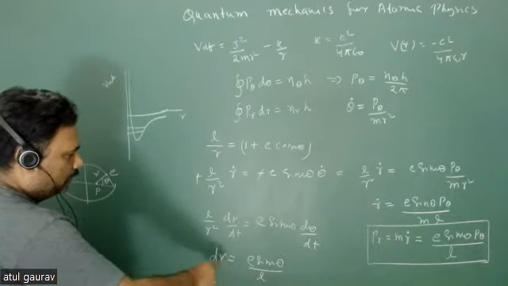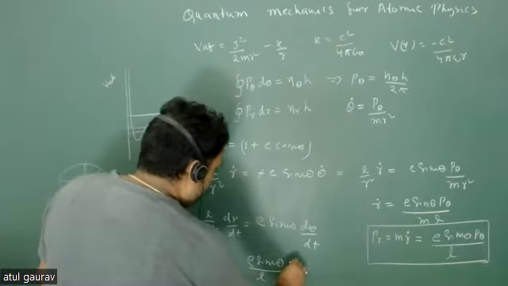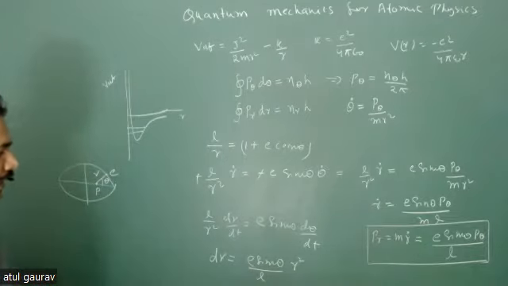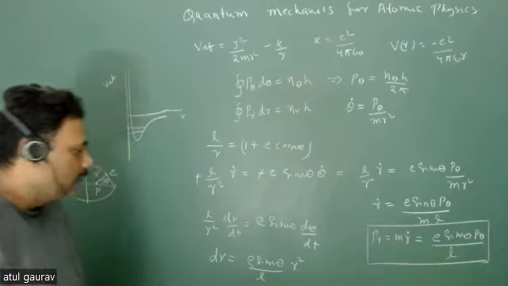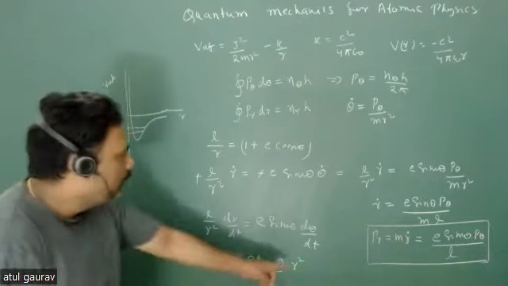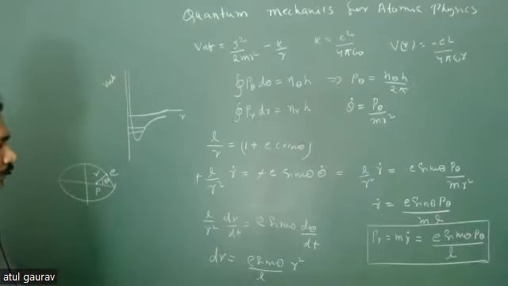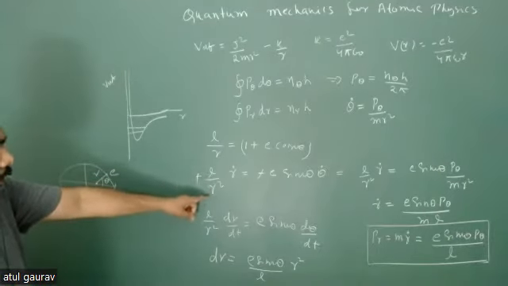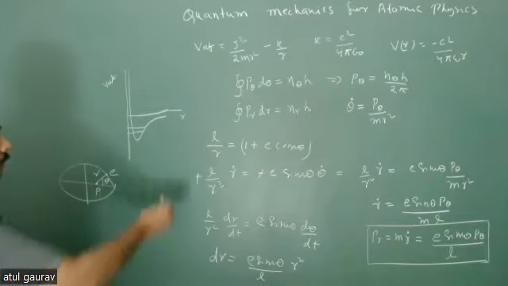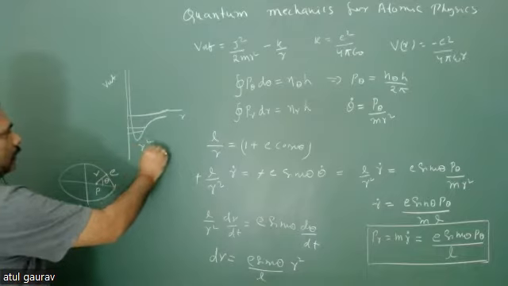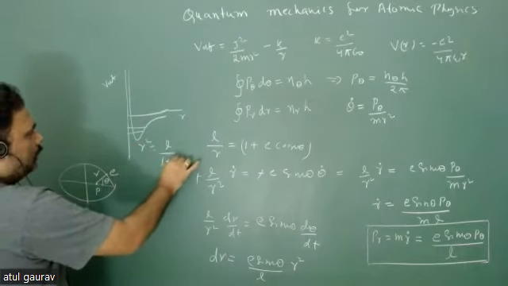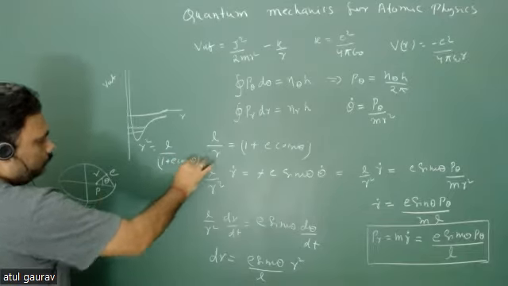R into r square. Yes, clear? Into r square. Okay, and what can you write r square as, from here? What is r square? From here, r square is equal to L upon 1 plus E cos theta.